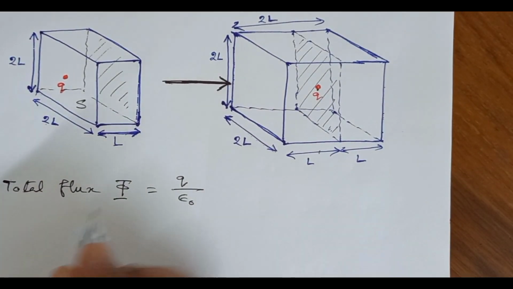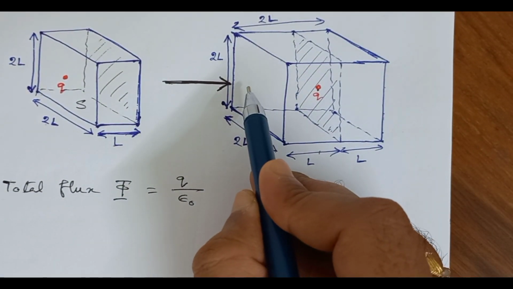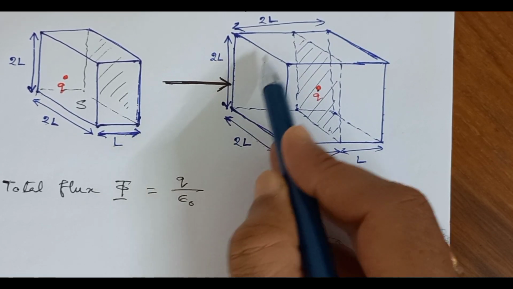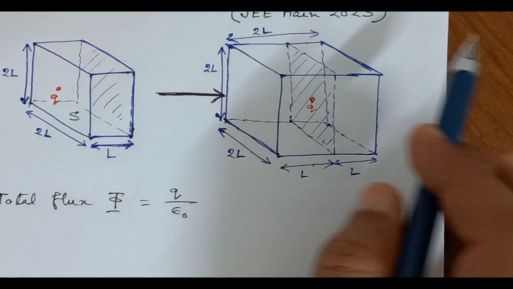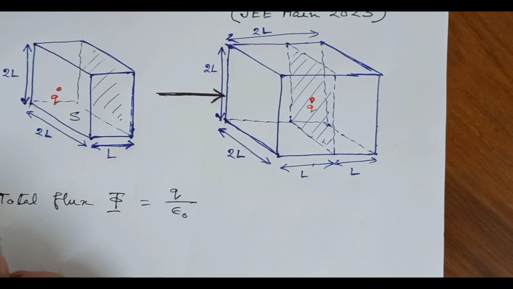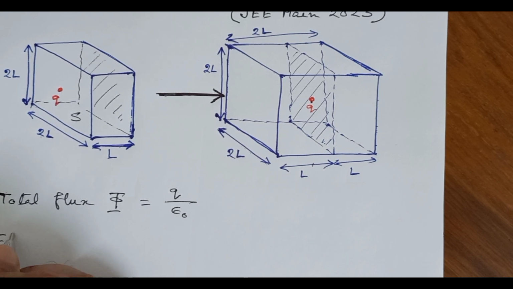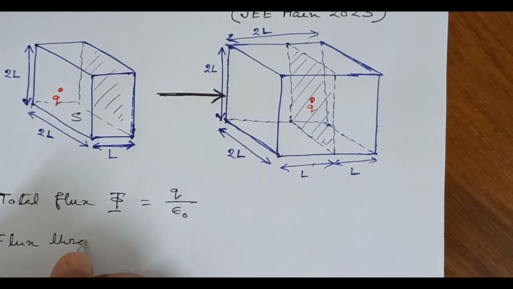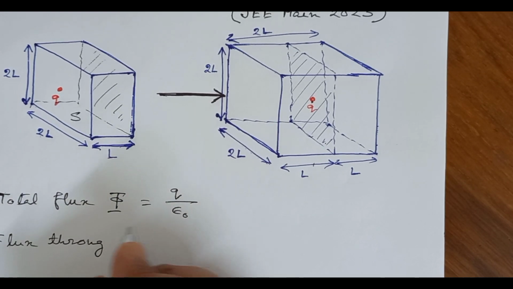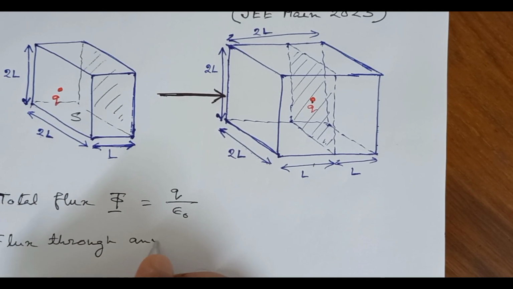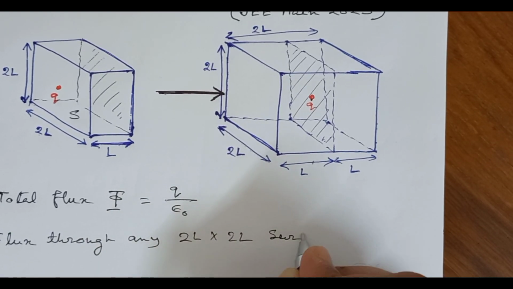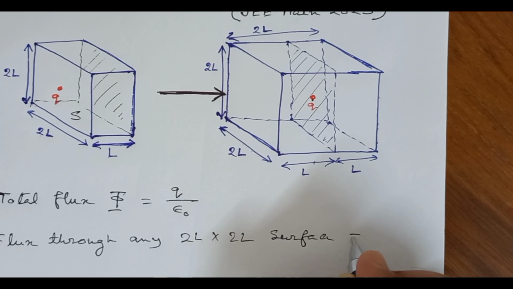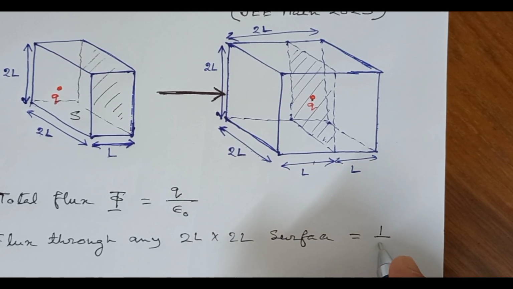Therefore, the flux through any one of the surfaces, like this 12 by 12 surface, or any one of the 12 by 12 surfaces, is equal to 1 by 6 into q by epsilon 0.